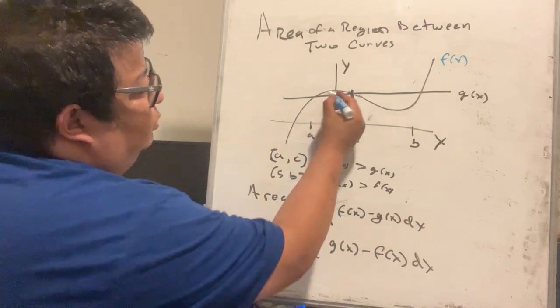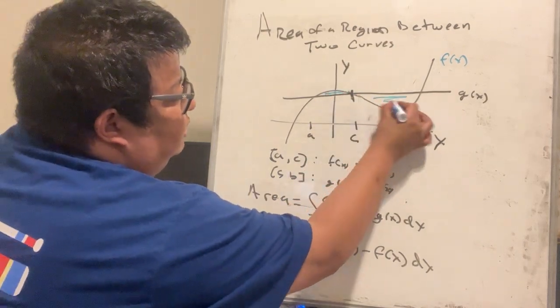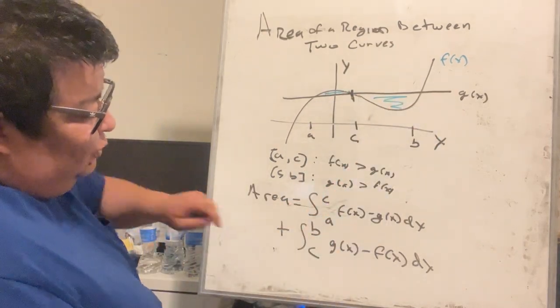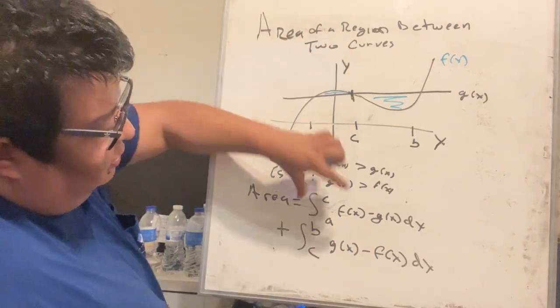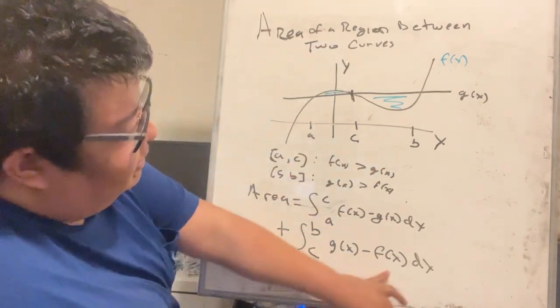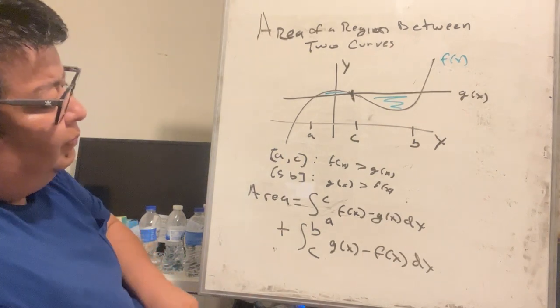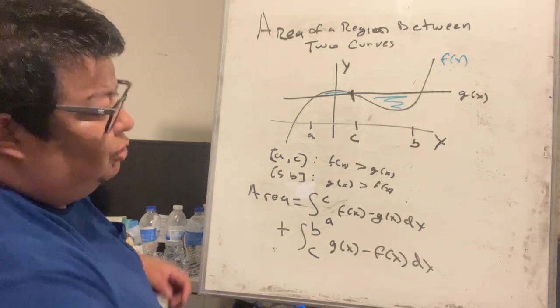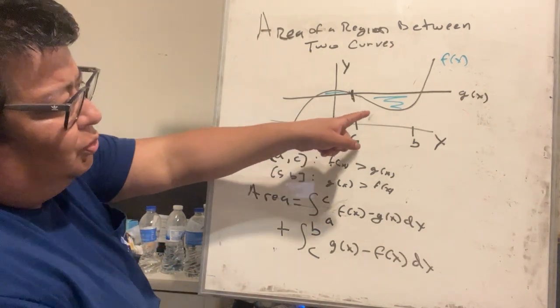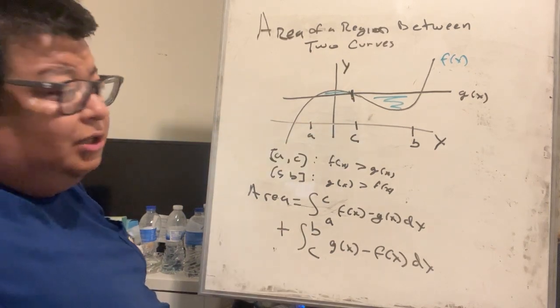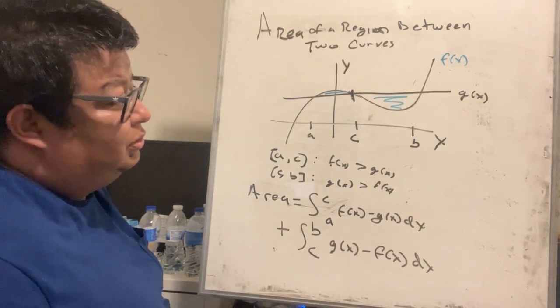So here we're looking at this and this here. So we split it up. You only do this when the functions switch between increasing and decreasing.